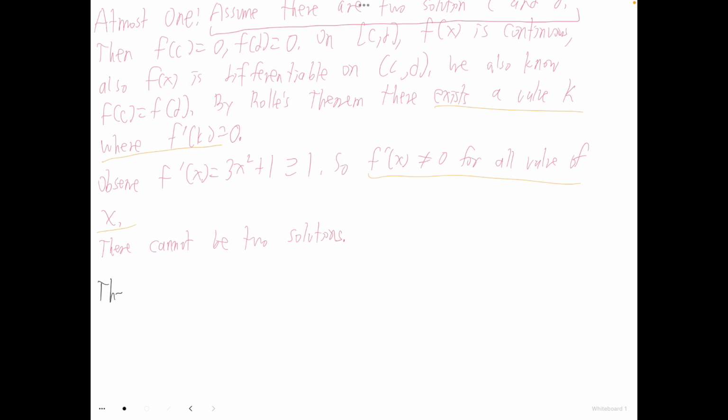So therefore, there is exactly one solution. Because we know there is one from the intermediate value theorem, and we know there is not two, so there's only one. And that's the idea behind Rolle's theorem, is just this argument that we just did.